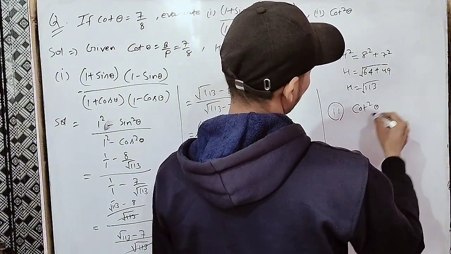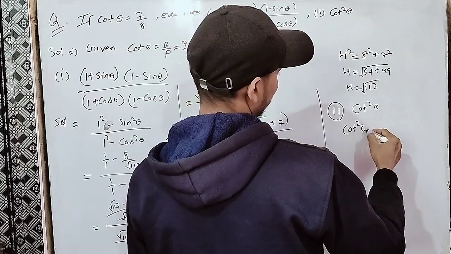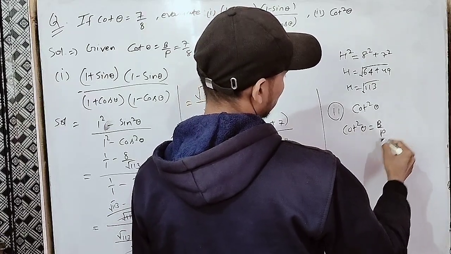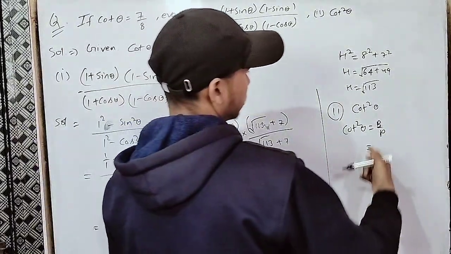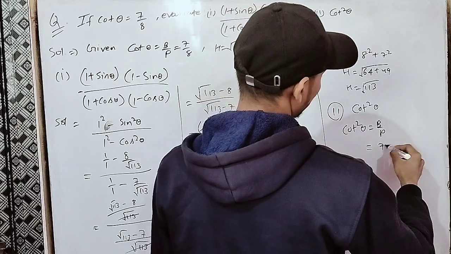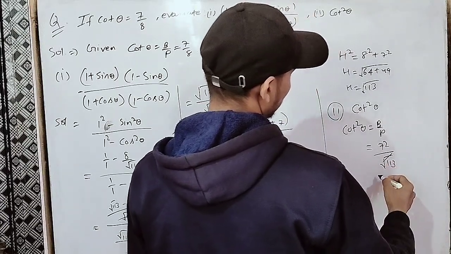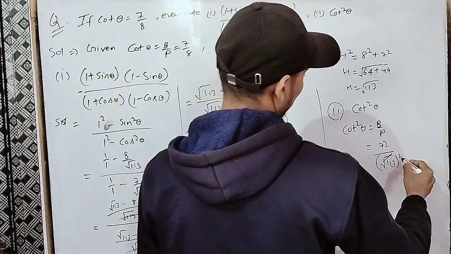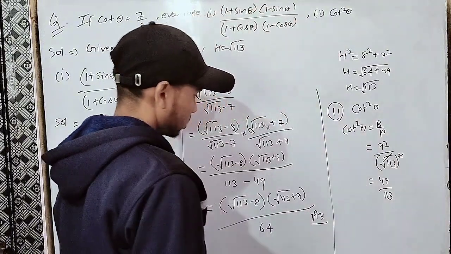Second, cot square theta. Cot square theta means b by p, and this is in a square. So the value of b is what? 7. 7 square by, so here 49 by 130.